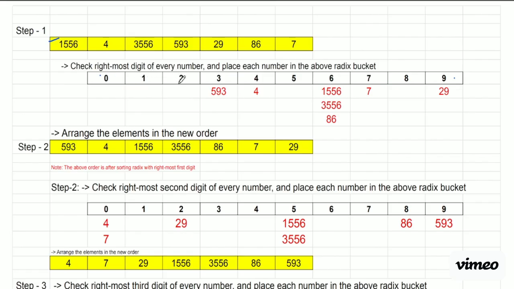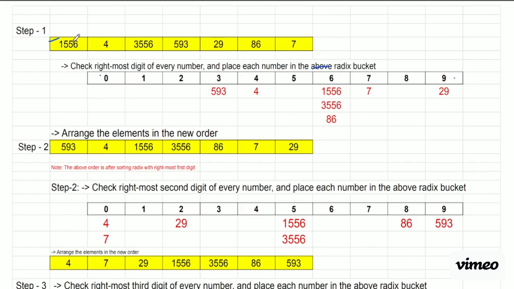For 2, we call it the radix 2 bucket. For 3, we call it the radix 3 bucket. Similarly, for 9, we will call it the radix 9 bucket. What it essentially means will be clear as I move on step by step. First thing first, as I've written here, we check the rightmost digit of every number and place each number in the radix bucket.